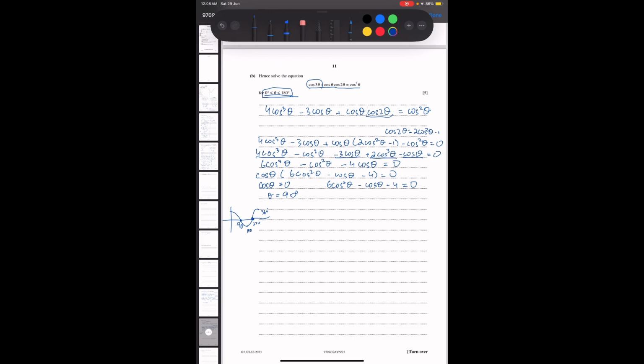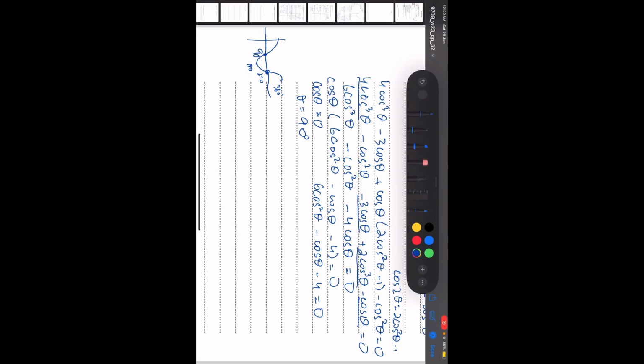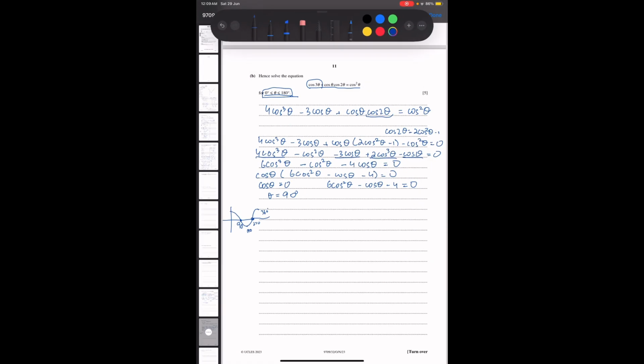If we try using the middle term breaking formula, we need minus 24 and the difference should be 1. So that's going to be complicated. I'm going to use the quadratic formula over here. I'll say that cos theta is equal to minus b plus minus square root of b square minus 4ac, divided by 2a.